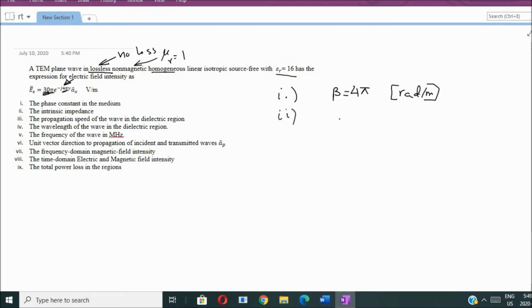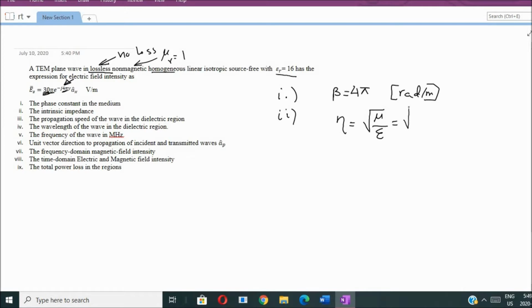Part 2 says find the intrinsic impedance. The intrinsic impedance, or wave impedance, has the formula eta equals square root of mu over epsilon. You have to know this formula, because it will not be given on the formula sheet.